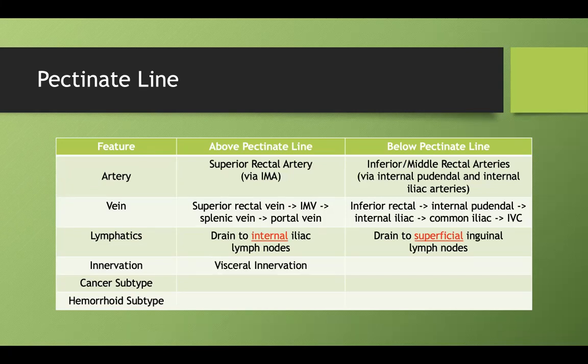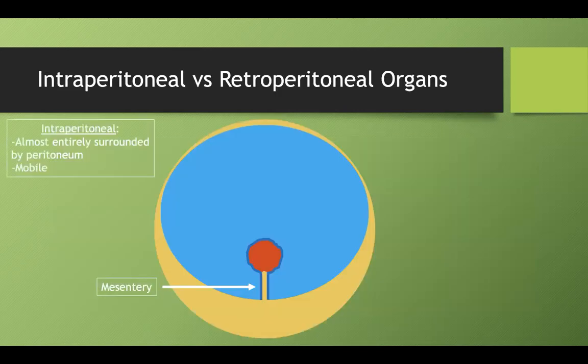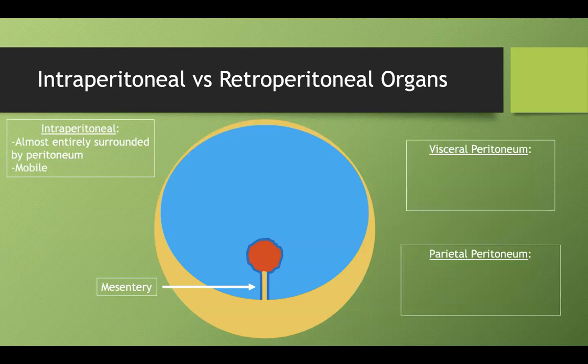If we talk about innervation, if you're above the pectinate line, it's going to be innervated through visceral innervation, whereas below will be innervated with somatic innervation. And again, the difference between visceral and somatic, if we go back to our GI intro lecture, where I talk about intraperitoneal versus retroperitoneal organs, I discuss these differences.